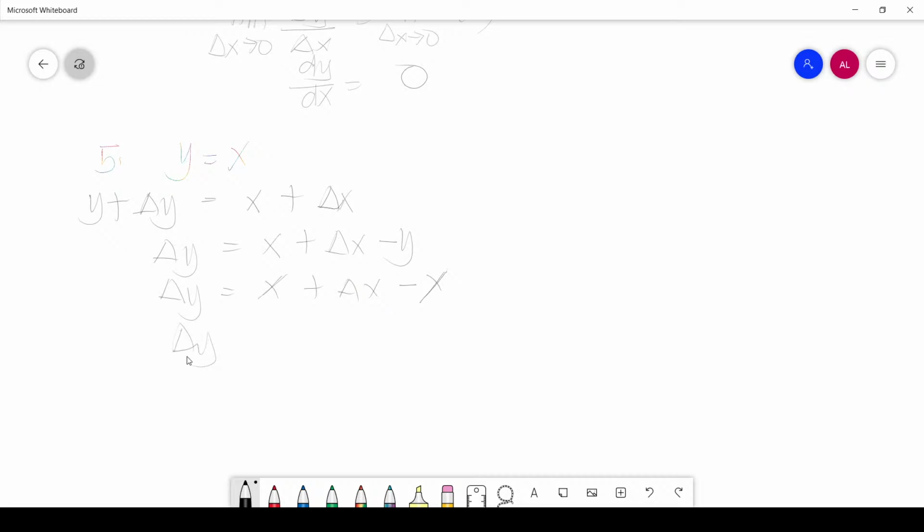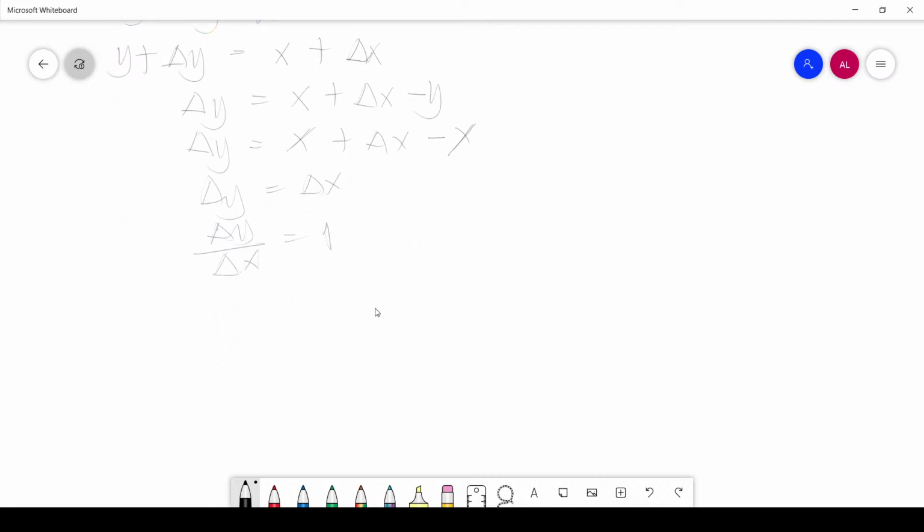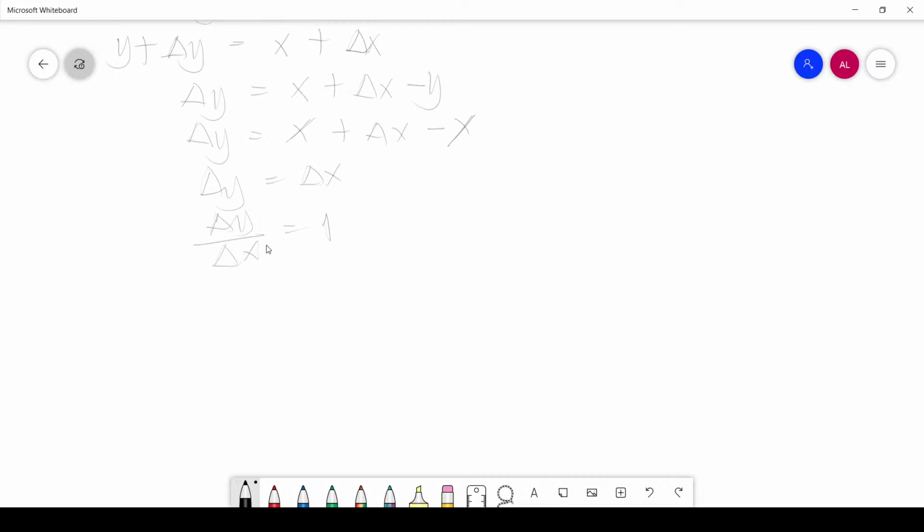So, we have delta y is equal to delta x. So, we divide the equation by delta x. We have delta y over delta x is equal to 1. Right? Dividing by delta x, it becomes 1. Then we perform the limit of the function 1.